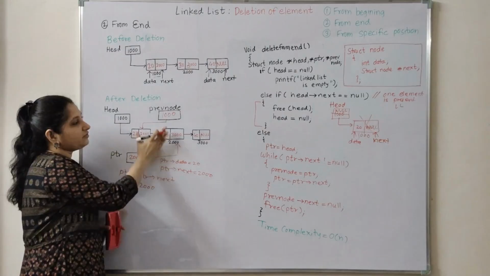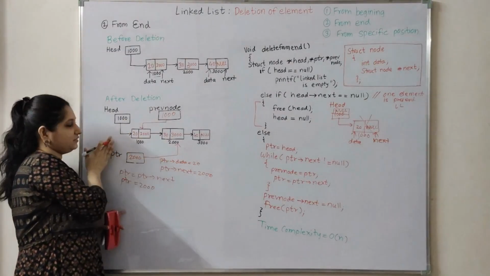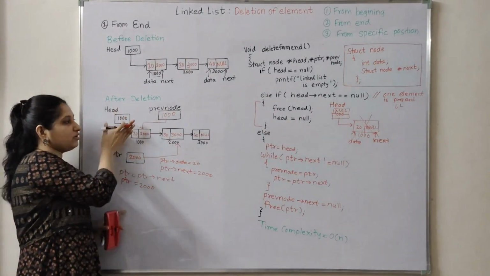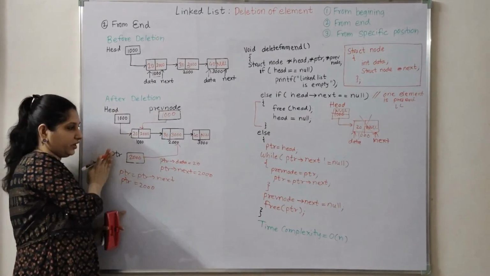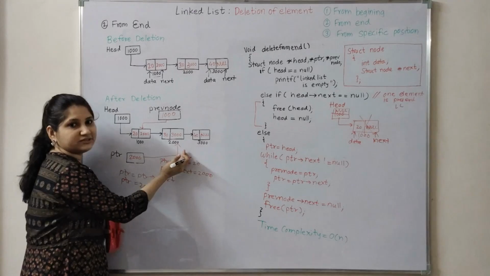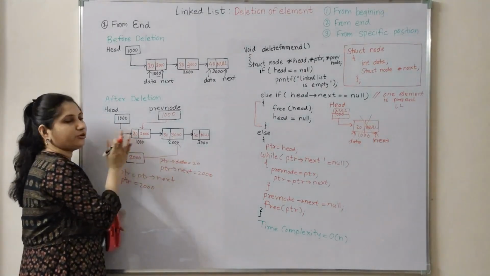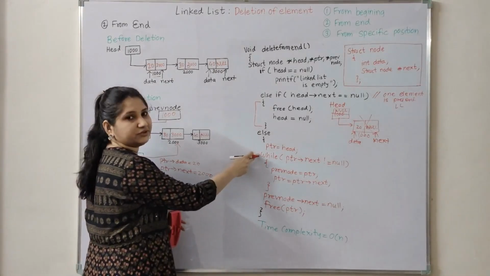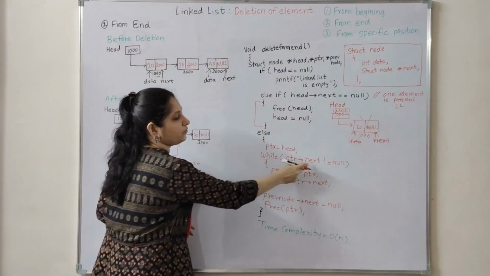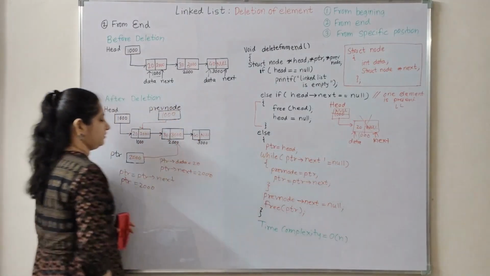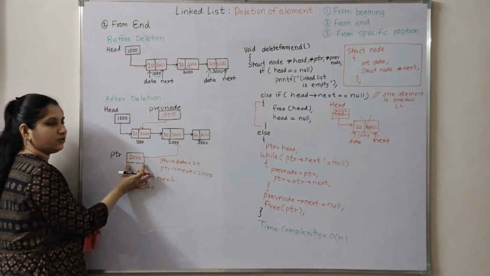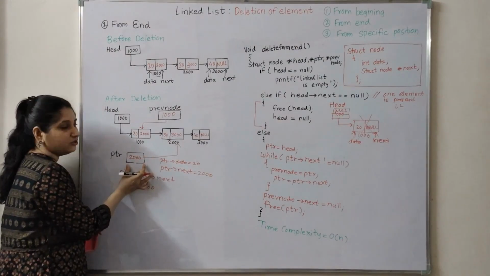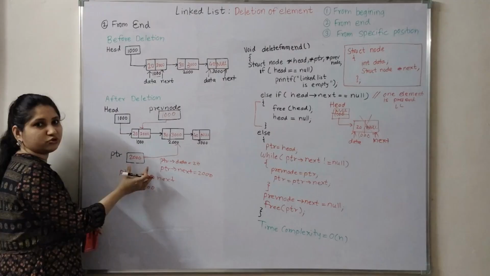The previous node will point to the previous node and the pointer will point to the next node, based on the pointer of next value. After that, again we check while pointer of next is not equal to NULL. What is the value of pointer? 2000. So 2000 is not equal to NULL, and the condition is true.